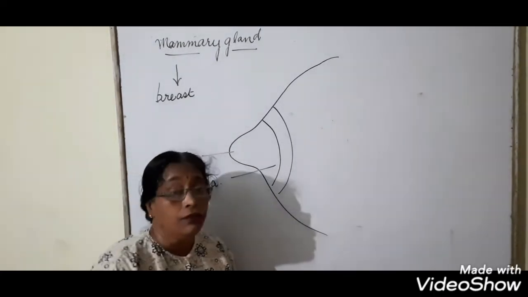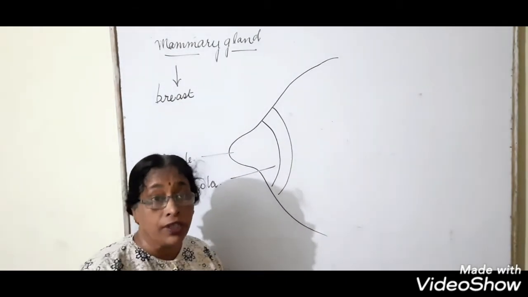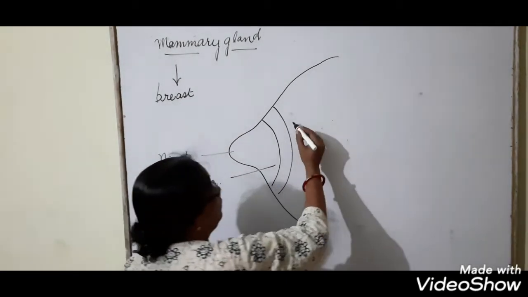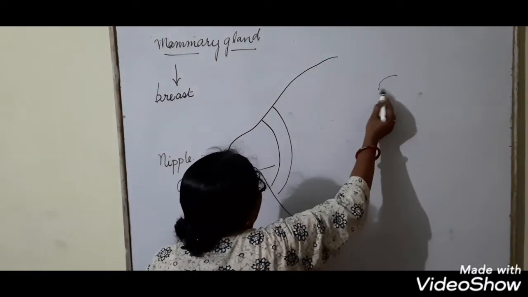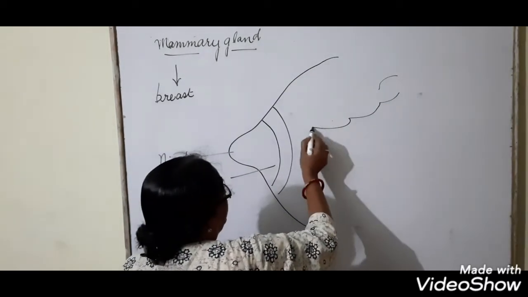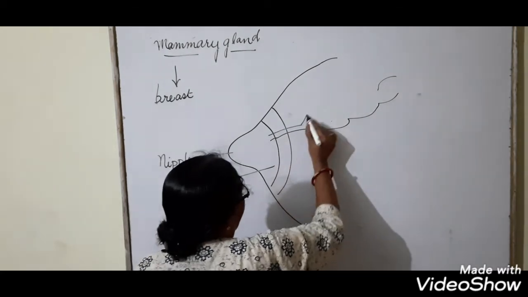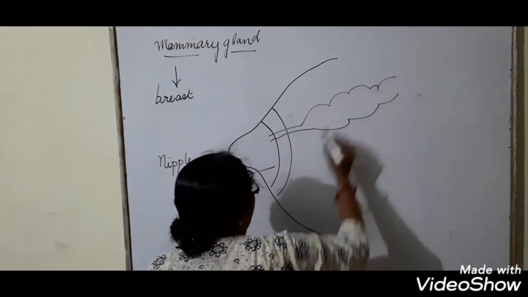There are 15 to 20 glands or ducts which are known as the lactiferous ducts.